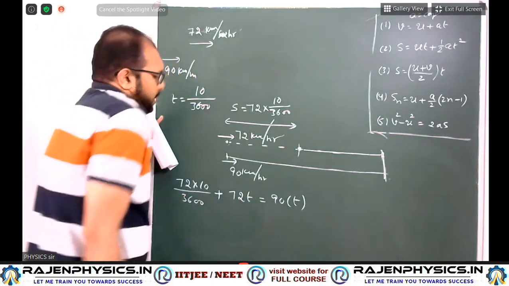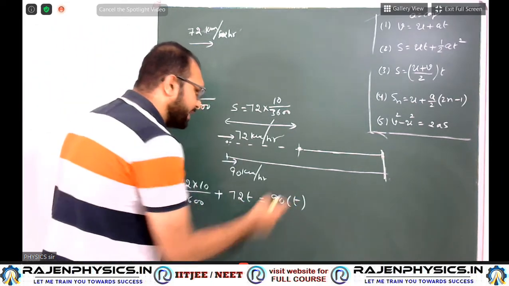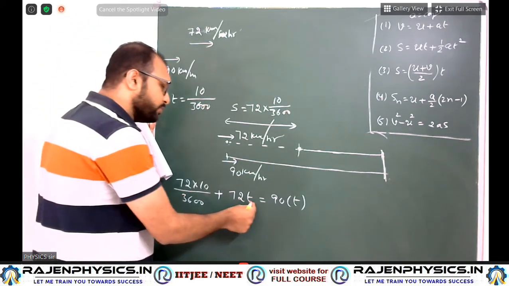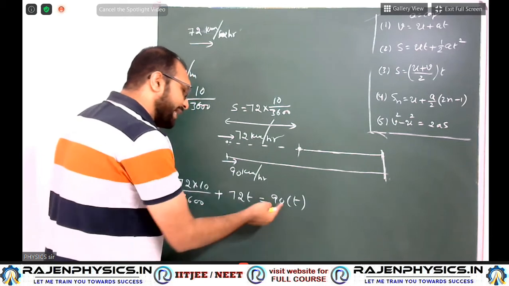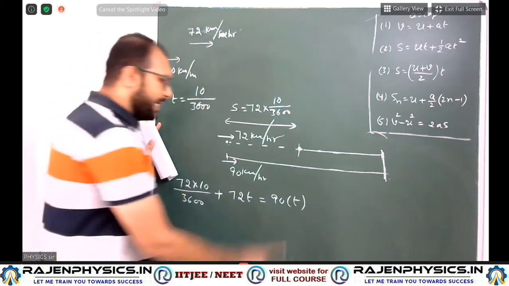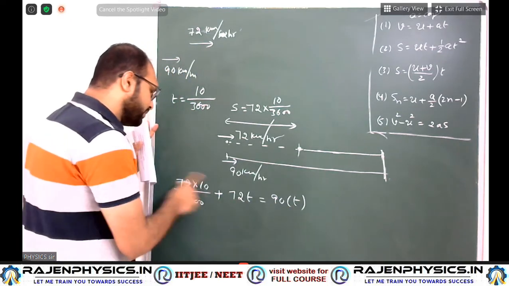72 into 10 by 3600 plus 72 t equals 90 t. Now send 72 t to that side: 90 minus 72, that is 18 t, equal to this answer.